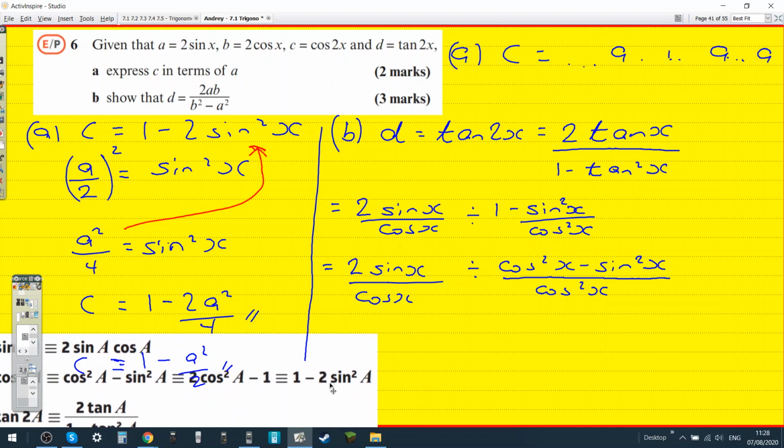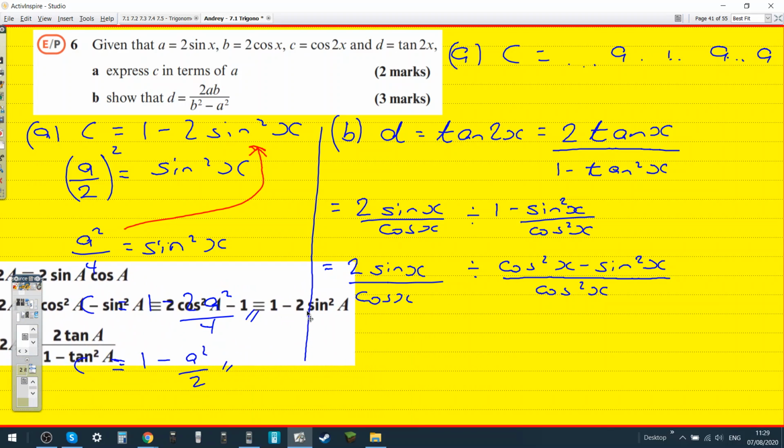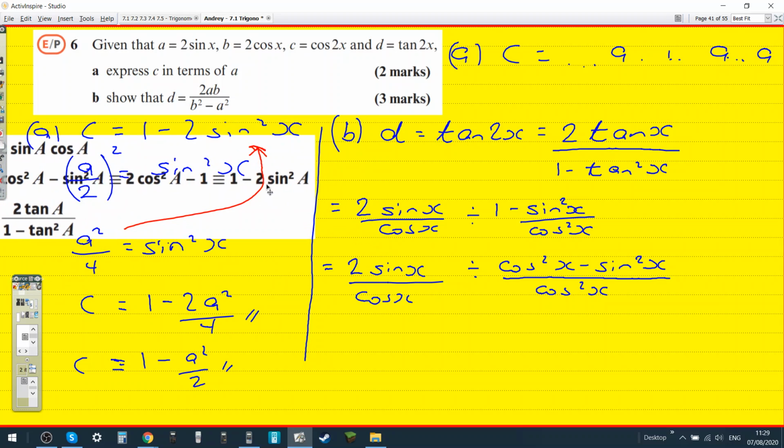We could try it. So a is 2 sine x. B is 2 cos x. So should I do a over half b? Yeah, I might regret this, but we'll see.